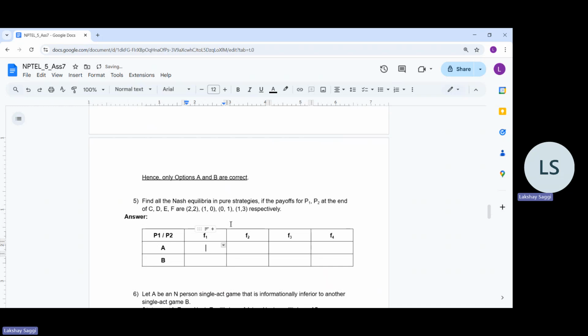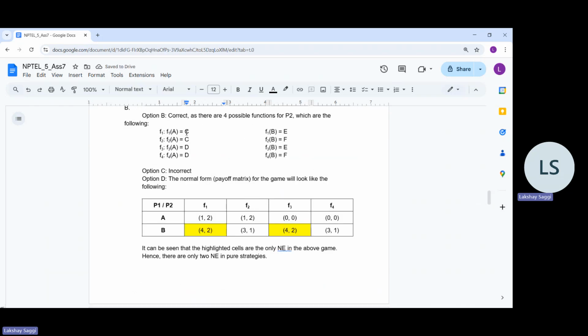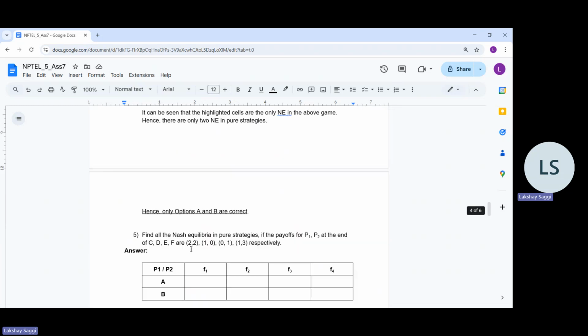So let's see what F1 of A was equal to. F1 of A corresponded to C. And what's the payoff for C here? Payoff corresponding to C is 2, 2.